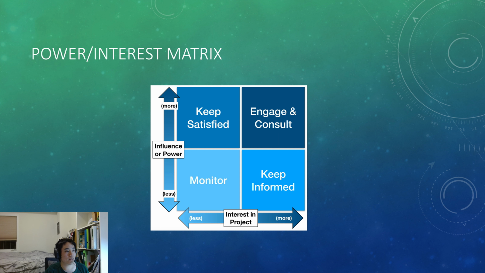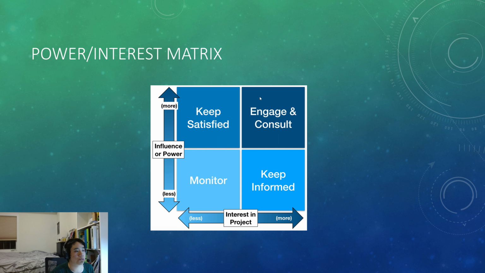Next, when you're finished with listing out your stakeholders and considering their different characteristics, you plot your stakeholders on a power interest matrix. So there are four quadrants to this.